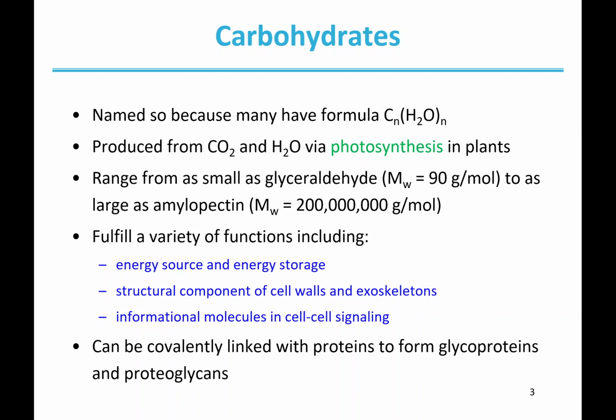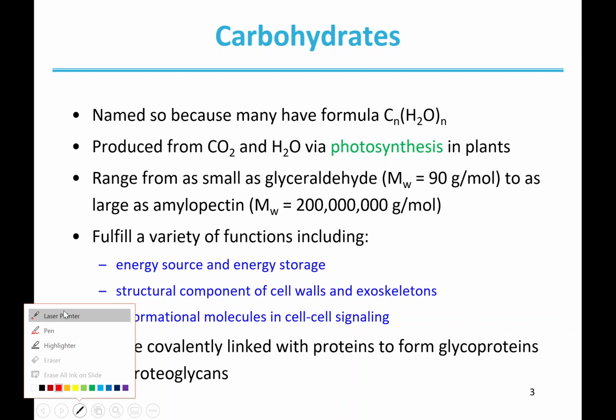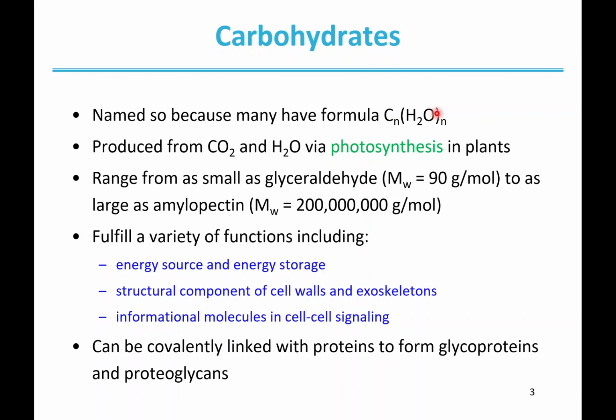defining the term carbohydrates. That name, as it suggests, means carbohydrates are molecules formed by carbon and what is really water. So carbohydrates take the form of C sub n, a certain number of carbons in the chain, and for every carbon there are two hydrogens and one oxygen, so water, with the same n subscript there.